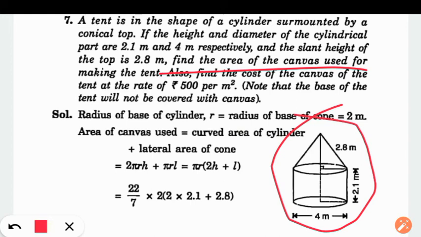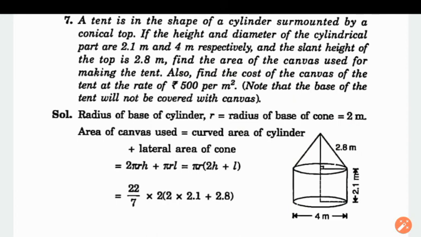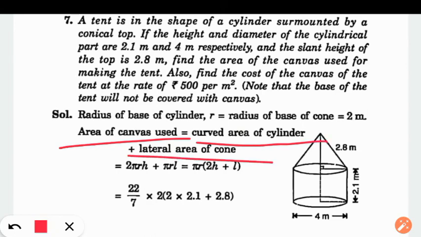So to find the total surface area of this figure, we need to find the surface area of the cylinder plus the surface area of the cone. So you can see what we have. Area of canvas used is equal to the curved surface area of the cylinder plus the lateral surface area of the cone. The curved surface area of the cylinder is 2 pi r h, and for the cone it is pi r l.